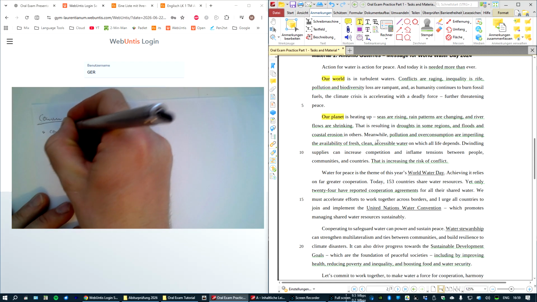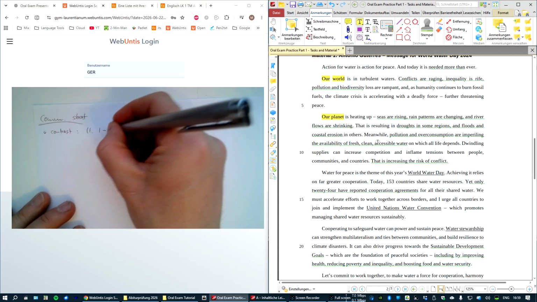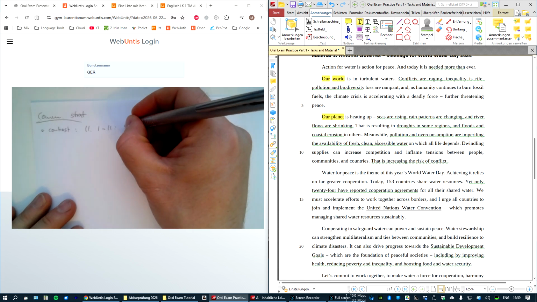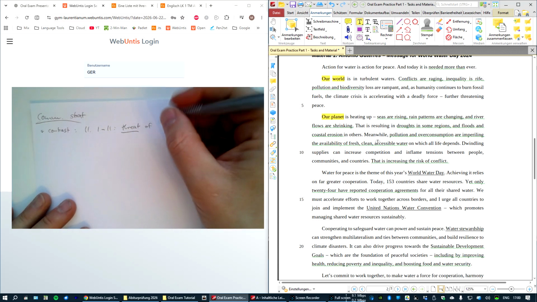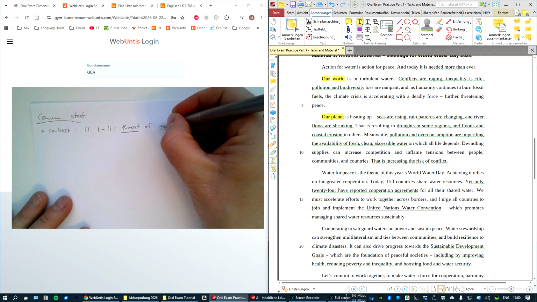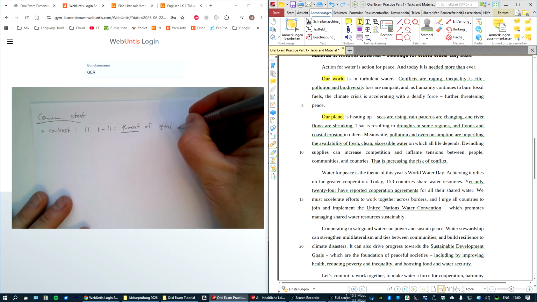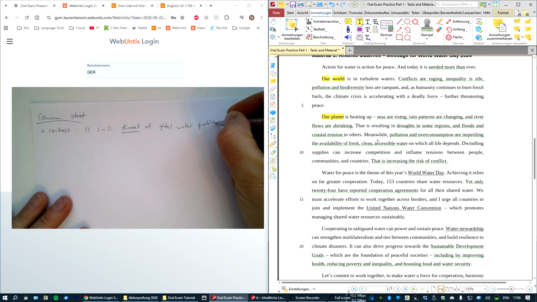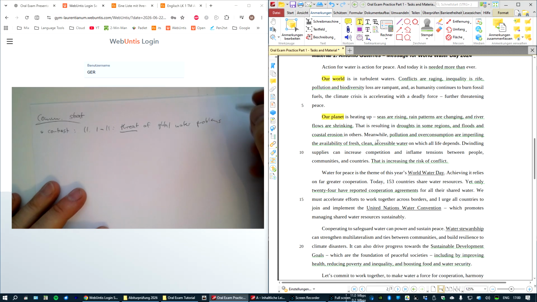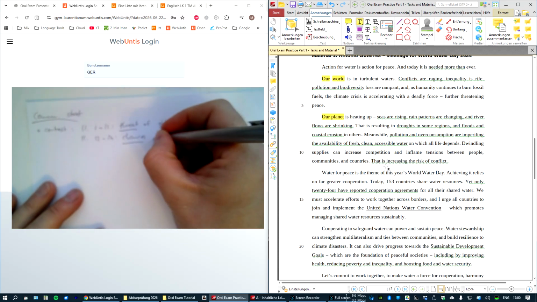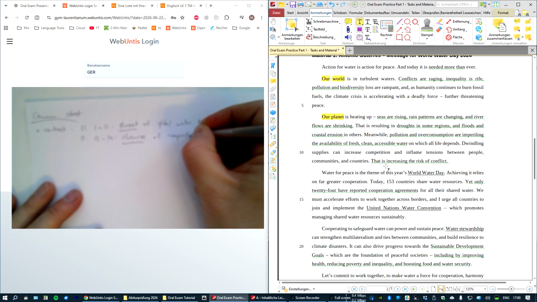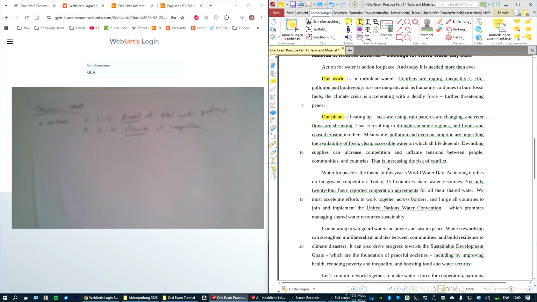So contrast, lines 1 to 11: threat, negative of global water problems, and we've got lines 12 to, what is the last one, 24: chances of cooperation. This is what we can write down here.